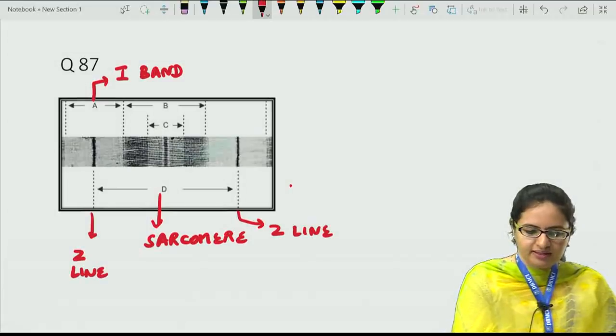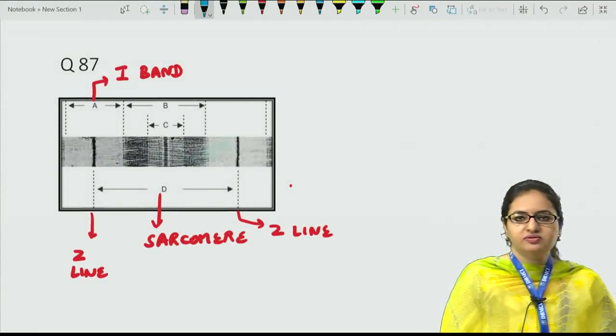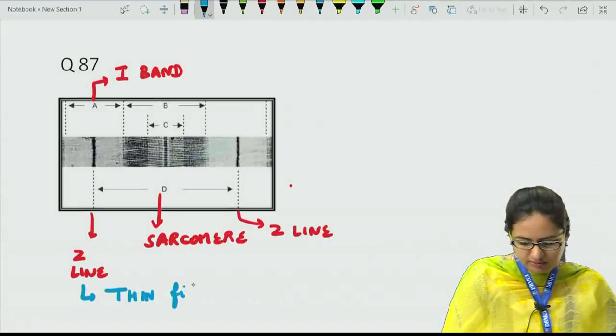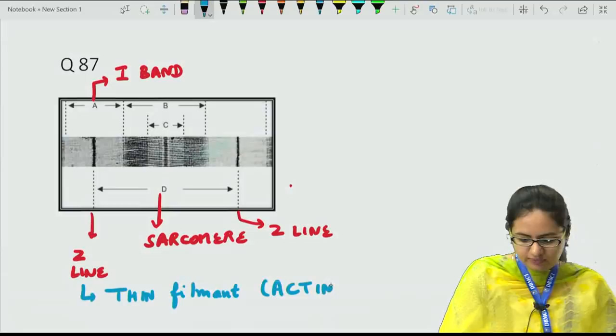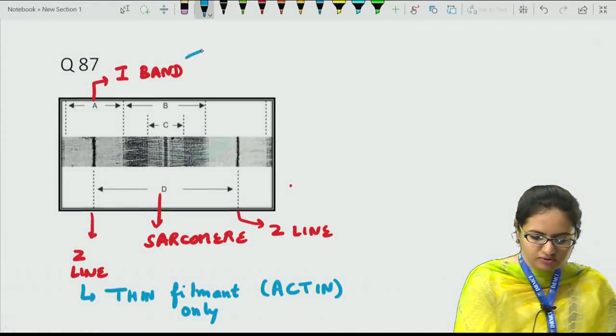The Z line and the I band are both made up of actin, the thin filaments.